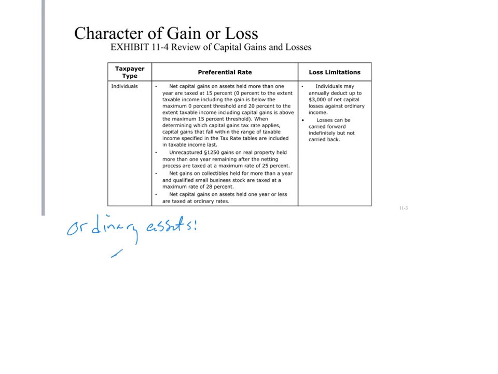Okay? So assets created in a taxpayer's business. All right?